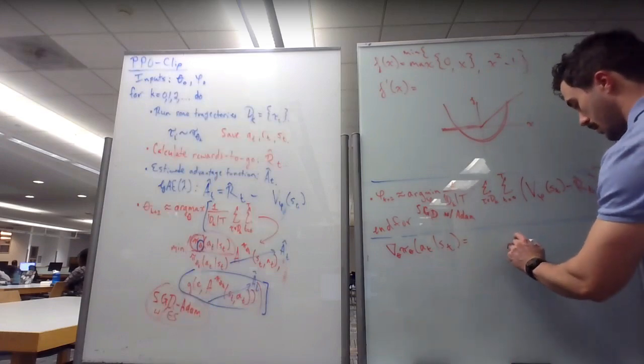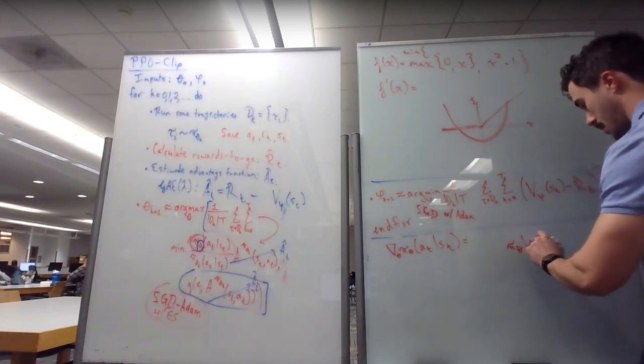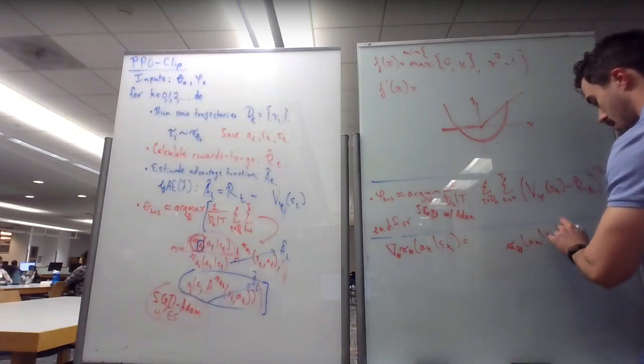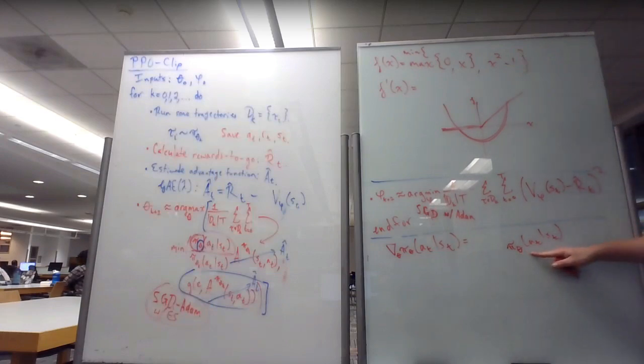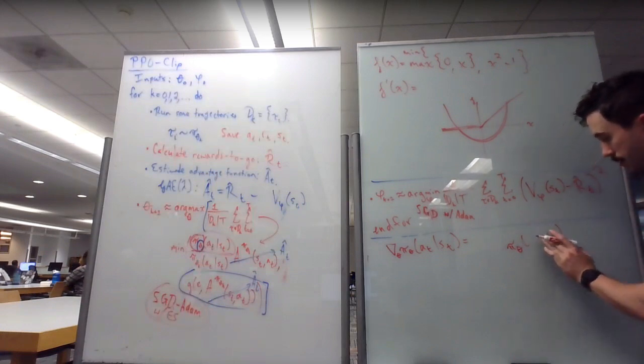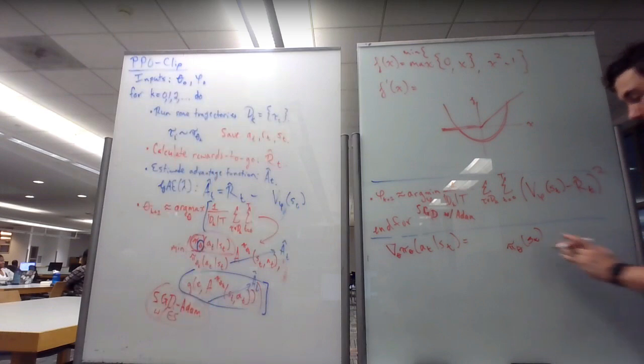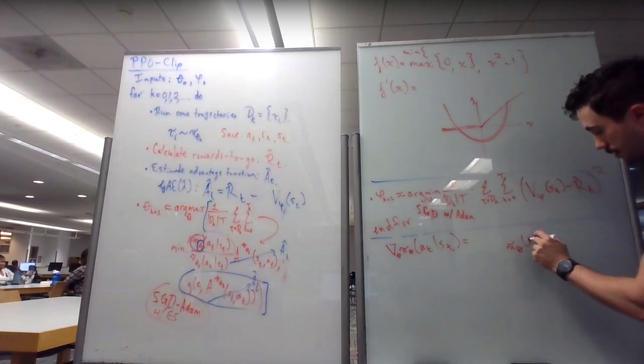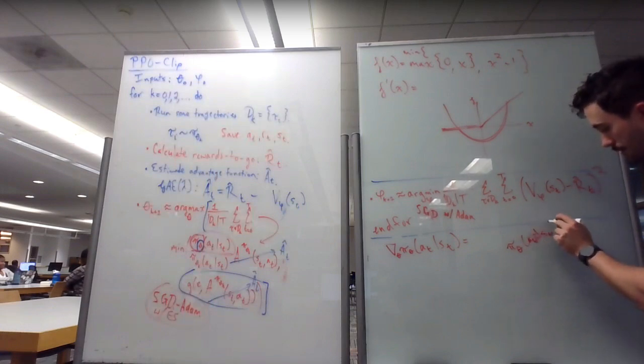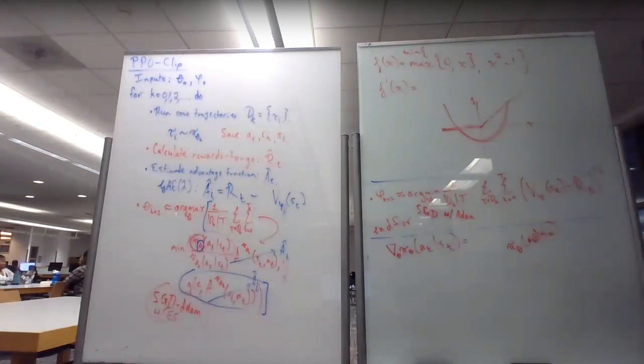Let's look at the pieces. A_t given s_t. So this is like what the neural network spits out when you plug in a state and action. All right, here's the problem with that. This is a vector. This is not a vector. This is a number, one of the probabilities in the vector.